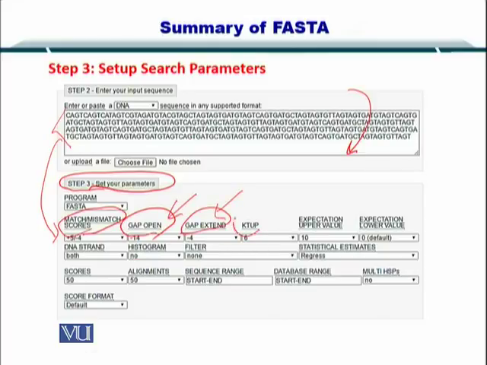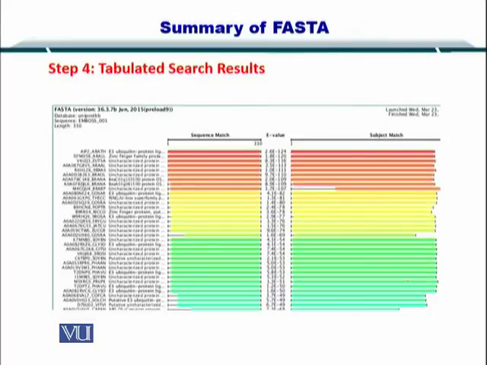They're all given, along with the k-tuples, or the word size. This is the size of the word that FASTA uses in searching the databases, and some other parameters. And next you perform the search.